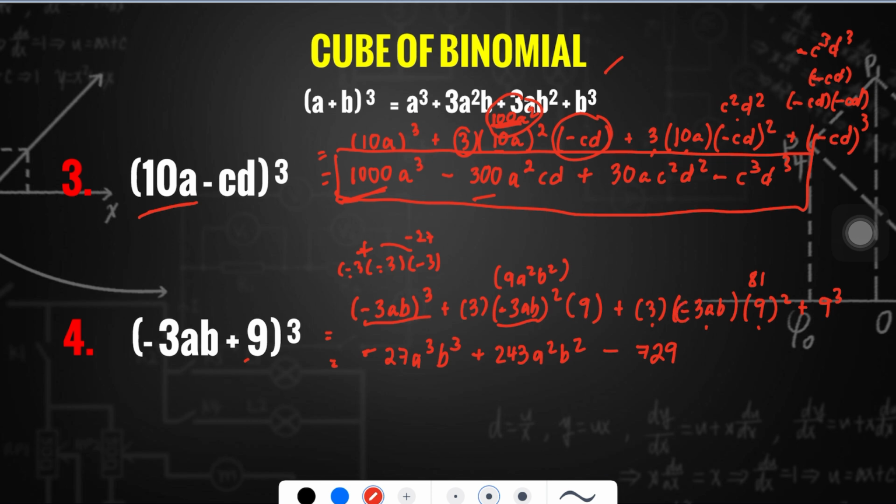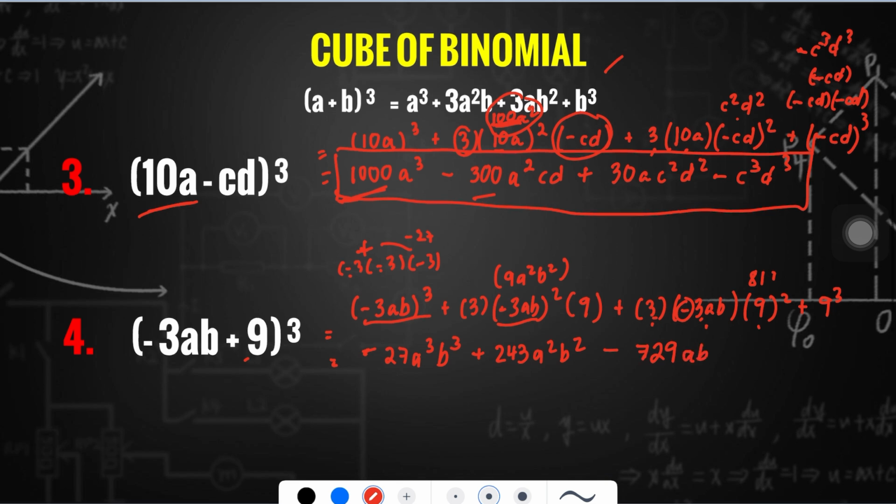Negative because positive times negative is negative, negative times positive is still negative. So negative 729ab. Plus 9 cubed, what's 9 cubed? 9 times 9 times 9, that's 729. So this is your final answer.